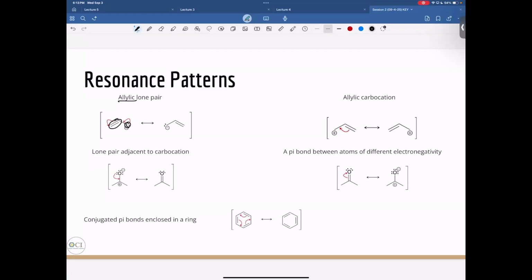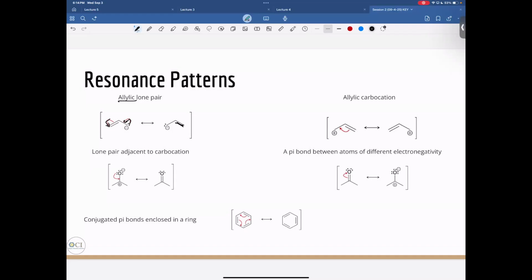So this is an allylic carbon, and we have a lone pair on that allylic carbon. So it's called an allylic lone pair. And the mechanism for this, as you can see these red arrows, you take the source of electrons, make this a double bond, and then we take this double bond here and make this into a lone pair. Pretty straightforward, right?